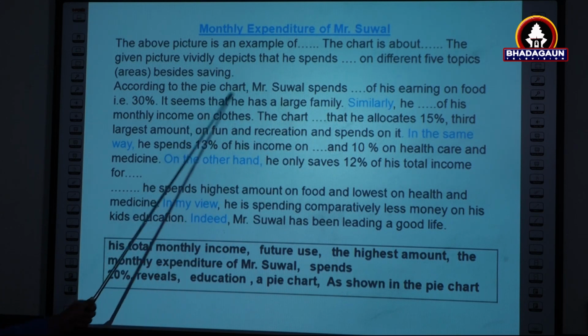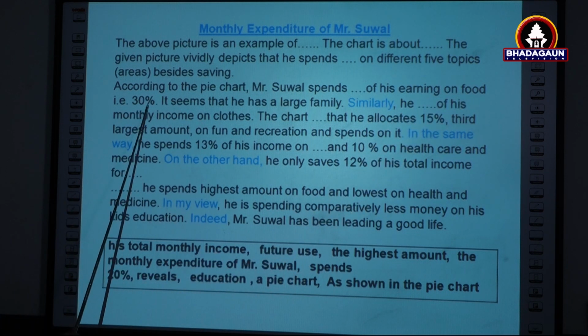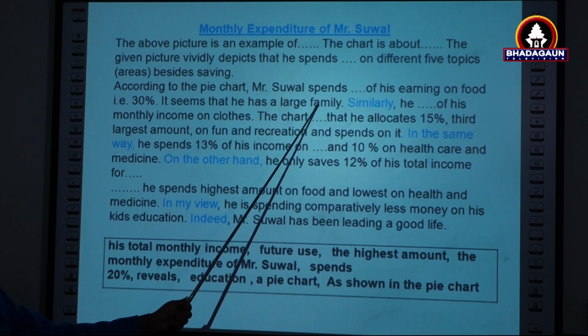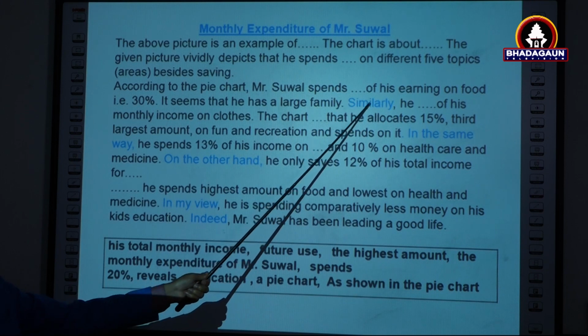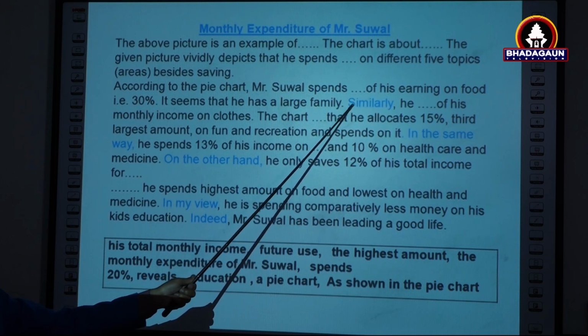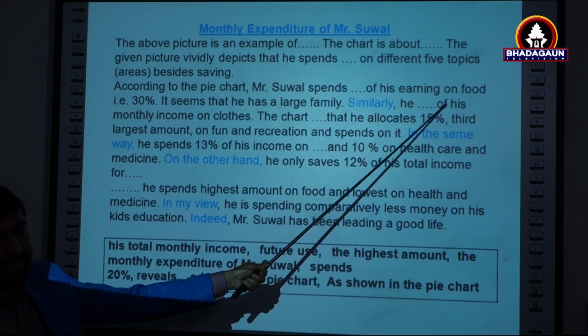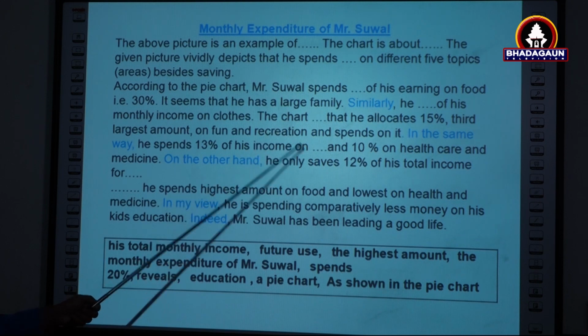So if you say Mr. Sual spends of his earning on food, that is 30%, it seems that he has a large family. You make the judgment, right? Similarly, if you remove this word, your answer becomes less logical. So this joins this idea to this second idea. That's why you have to use these cohesive devices in such a way.